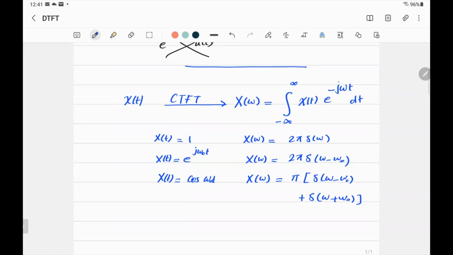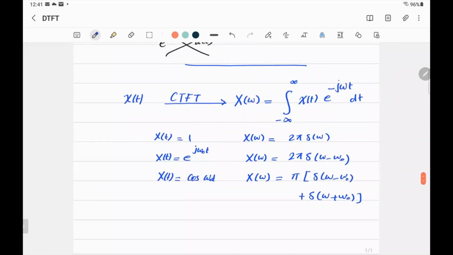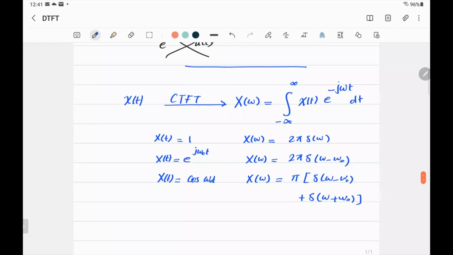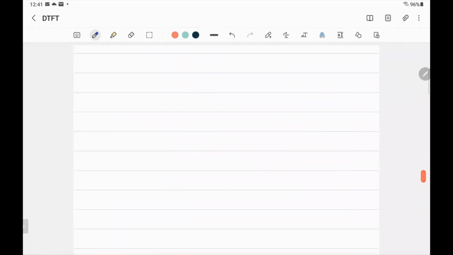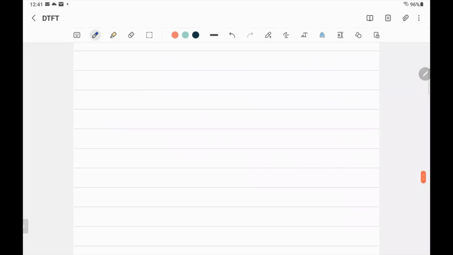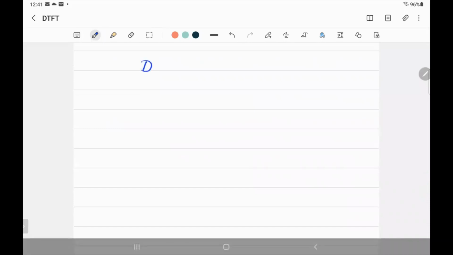Okay. We did that for continuous time, and we did Laplace, which is more general than the continuous time Fourier transform. We are going to do the same thing with discrete time signals. We're going to do the discrete time Fourier transform, and that's our topic today.